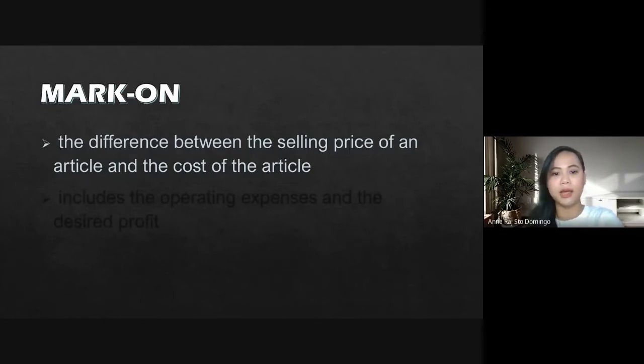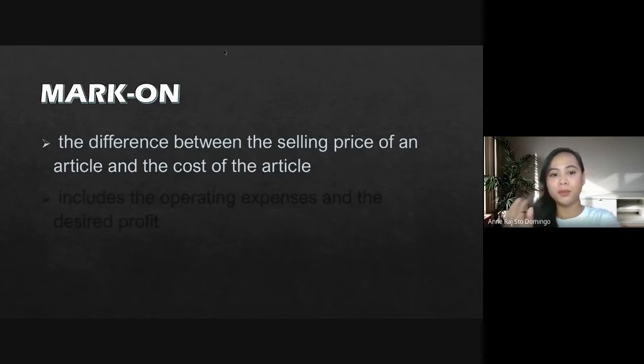So, yung mark on, it's the difference between the selling price and the cost ng goods.